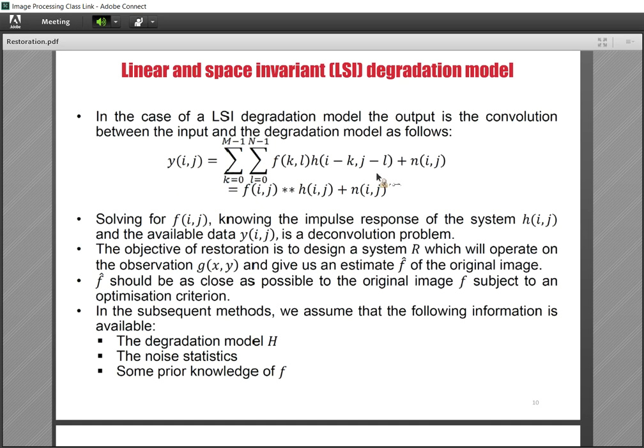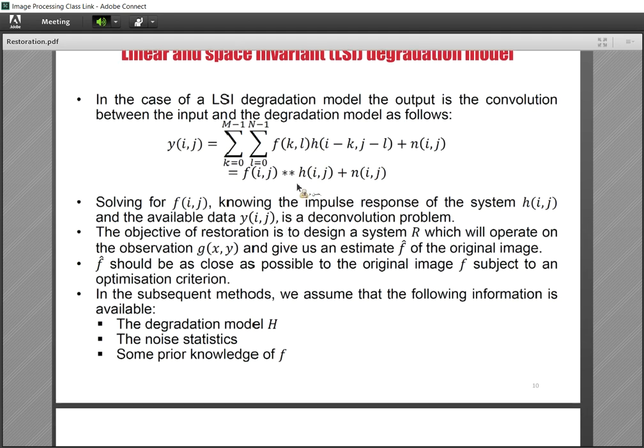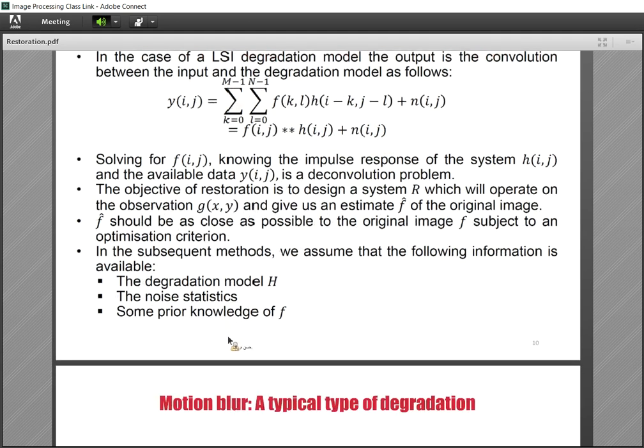That means this is the convolution relation: Y(i,j) is sigma over k and sigma over l of F(k,l) H(i-k, j-l) plus N, or sigma sigma H(k,l) F(i-k, j-l). The same, no difference. And this is the notation: F convolved by H, and maybe plus some noise value.